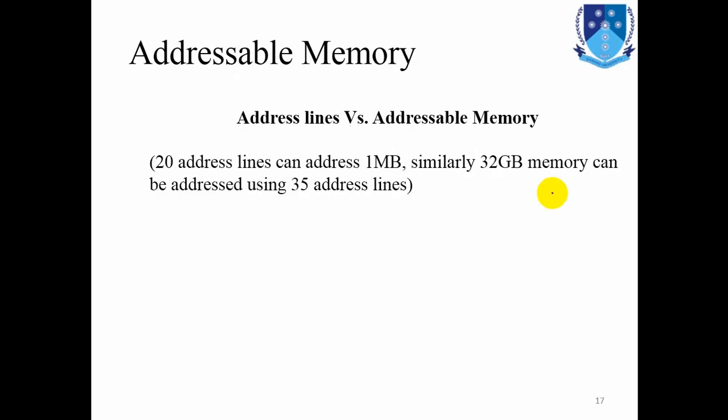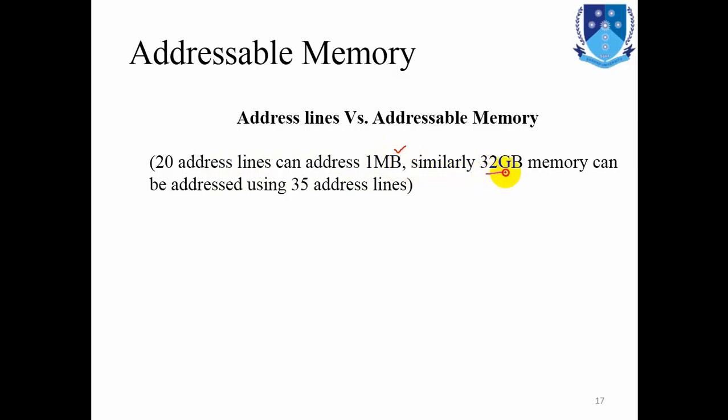The addressable memory: here we are going to learn about the address lines and the addressable memory. Remember that 20 address lines can address 1 megabyte of memory, or 1 mega locations, if the size of each location is equal to 8 bits or 1 byte.